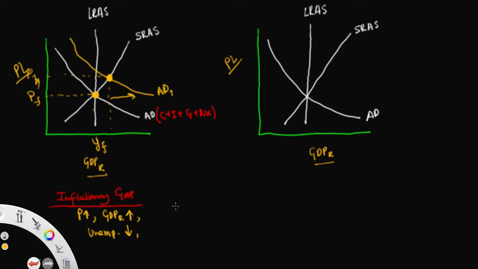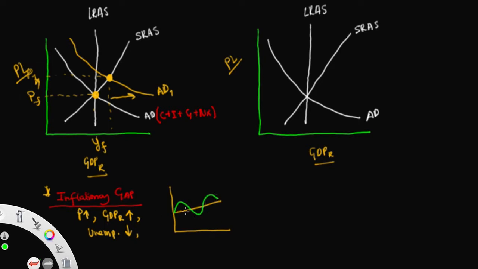So this is very important when it comes to the inflationary gap. Inflationary gaps occur when the aggregate demand curve shifts to the right because any of these four factors increase. And if that occurs, then your price levels increase, your real GDP increases, your unemployment decreases. And usually, our inflationary gap in the business cycle, if we had a quick business cycle, with this orange line representing the natural rate of unemployment, would look something like that.